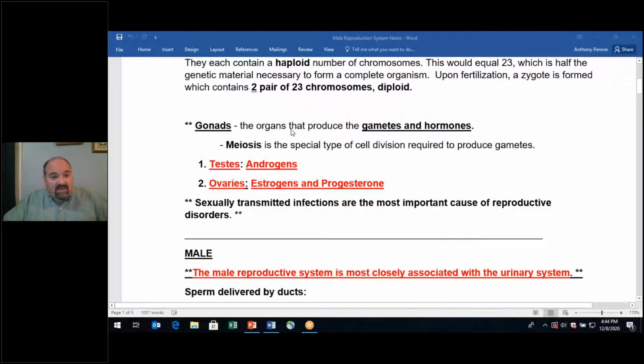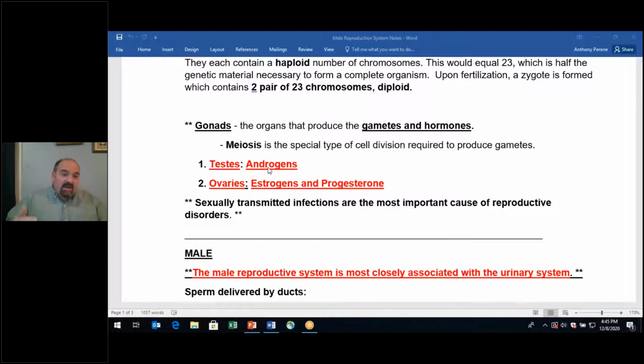Those gonads are not only forming the gametes, but they're also forming hormones. These special hormones, chemical messengers produced by the gonads, are present in both male and female. But understand that the androgens come from the testes.